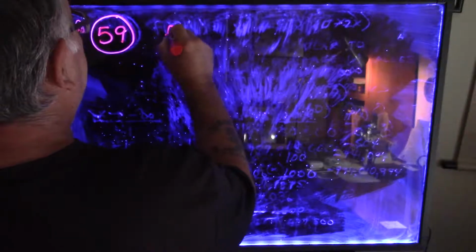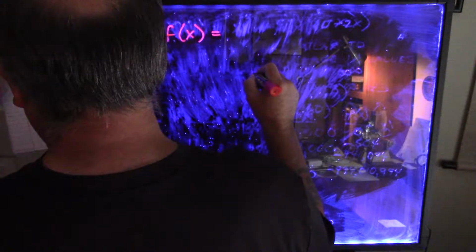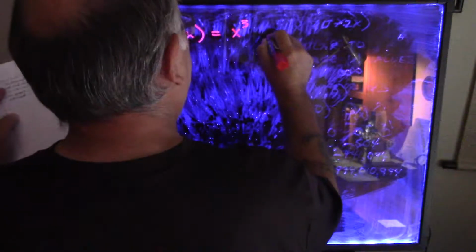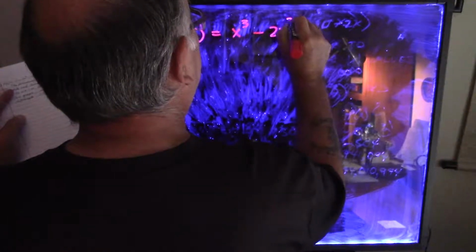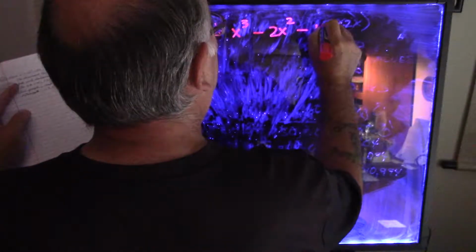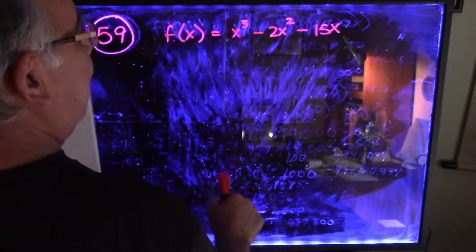Okay, number 59. F of x is equal to x cubed minus 2x squared minus 15x. So the dominant term would be x cubed. It's got the highest power.